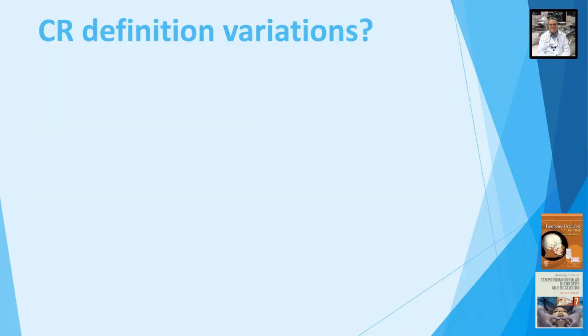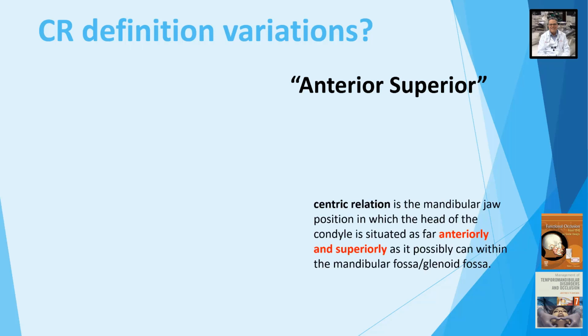Now we have different definitions of centric relation that I should cover at this point. The most common is the most anterior superior position: centric relation is the mandibular jaw position in which the head of the condyle is situated as far anteriorly and superiorly as it possibly can be within the mandibular fossa, or glenoid fossa.